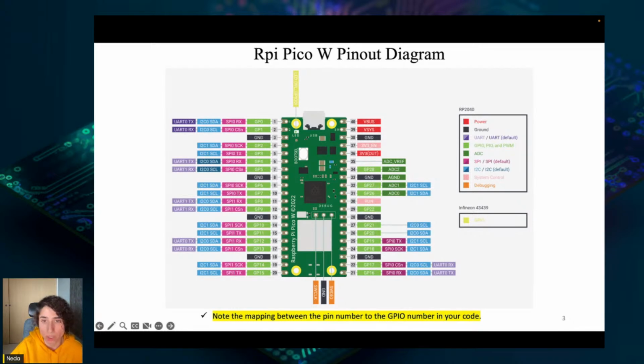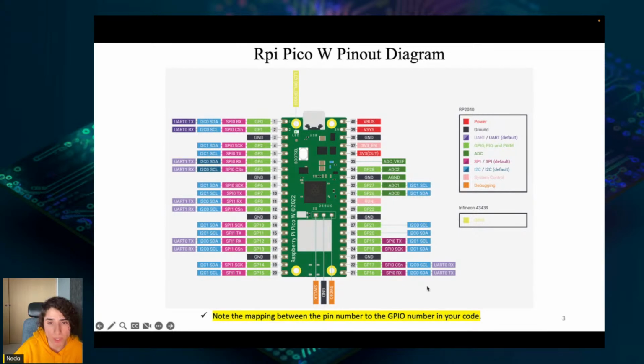Communication protocols. So you can see that other pins have a fixed purpose, providing connections for things like power, like these red ones.